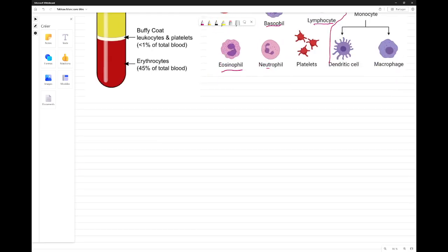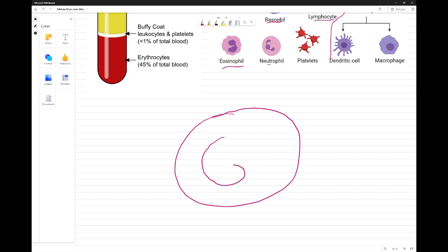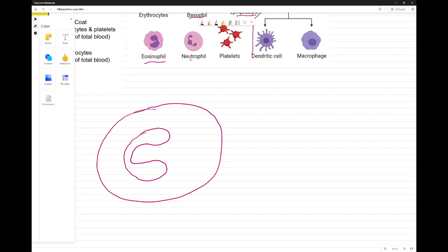We should know that phagocytes are generally cells that usually have lobed nuclei, and they contain lysosomes or what we call phagosomes. What they'll do is release enzymes that break down pathogens.